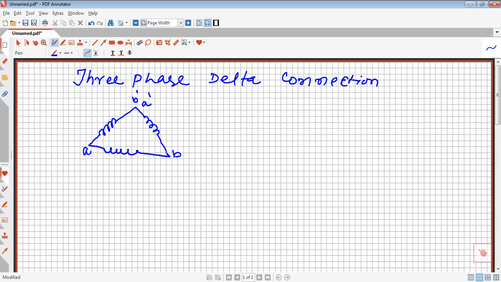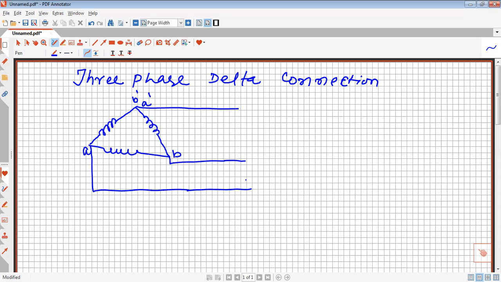All three are connected like this. So we have three phases, from here to here one phase, here to here another phase, and here to here another phase. So these three phases are connected in delta, and here three lines are taken from this connection.